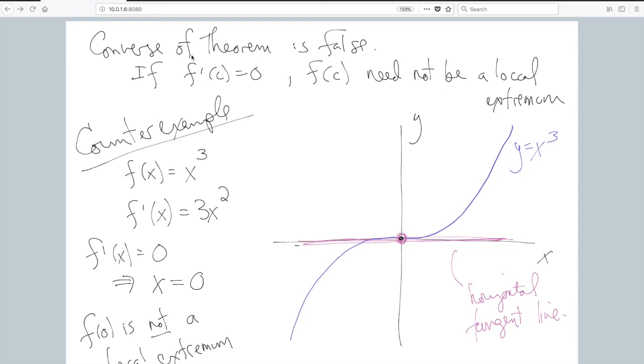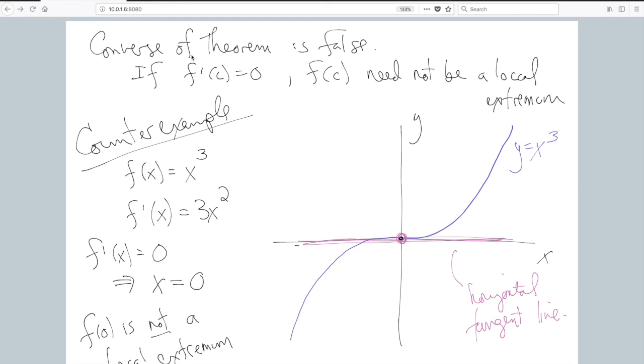So the idea behind using that theorem, when you want to find local extreme values for a function, is that setting f prime of x equals 0 gives you candidates for that. But it does not necessarily guarantee you'll find local extreme values.